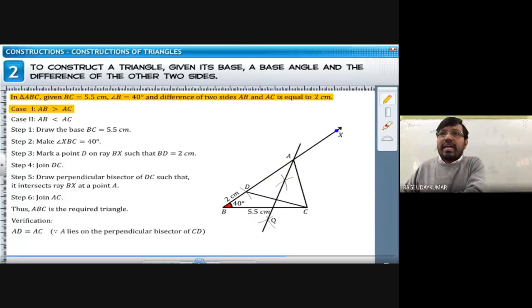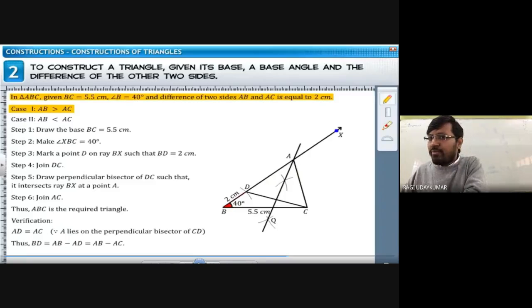So in verification, AD length is equal to AC. Our triangle here is the whole triangle ABC. So AD is equal to AC. Subtracting AC from the total length, and the total length is nothing but AB, so AB minus AC will come to 2, as per the question, isn't it?